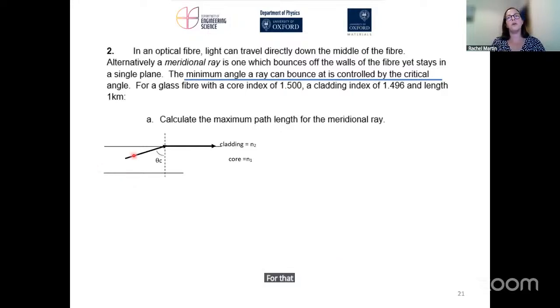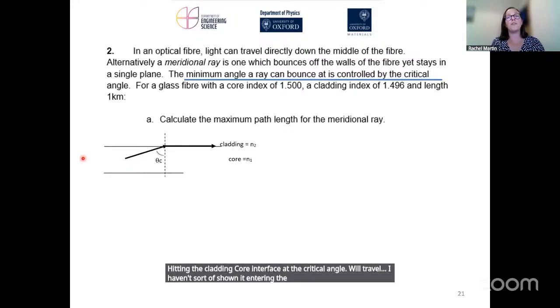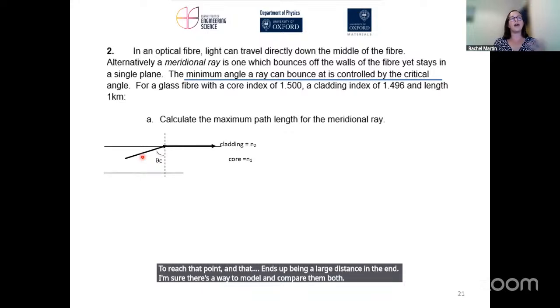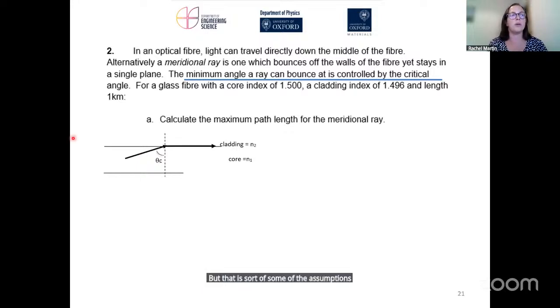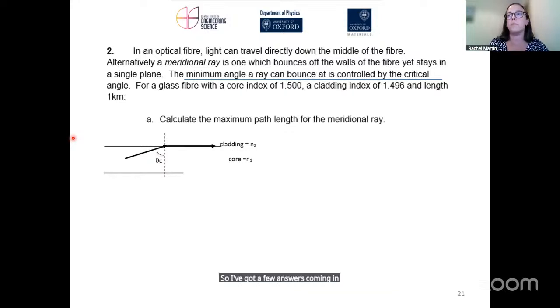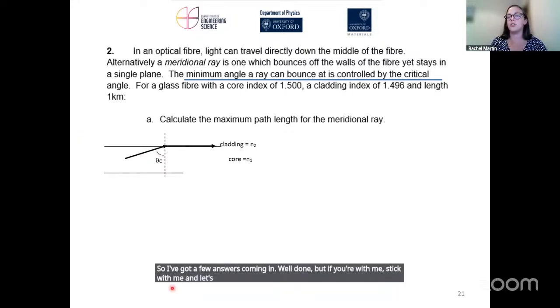But also, this ray that is hitting the cladding core interface at the critical angle will travel, and I haven't shown it entering the optical fibre, a long way to reach that point, and that ends up being a large distance in the end. I'm sure there's a way to model and compare them both, but those are some of the assumptions we can make in this question to solve it. So I've got a few answers coming in. Well done. If you're with me, stick with me and let's look at what we should do next.